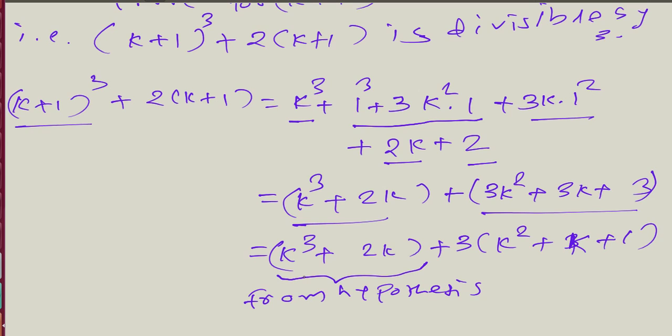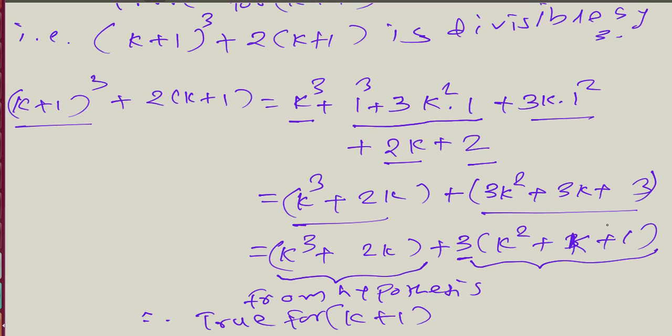In the hypothesis we assume k cube plus 2k is divisible by 3, and now this term is also divisible by 3 because 3 is one of the factors of this term. So this is also divisible by 3. So the complete term is divisible by 3. Therefore the theorem is true for k plus 1, and hence the theorem. So this is the proof: induction basis, induction hypothesis, and induction step.